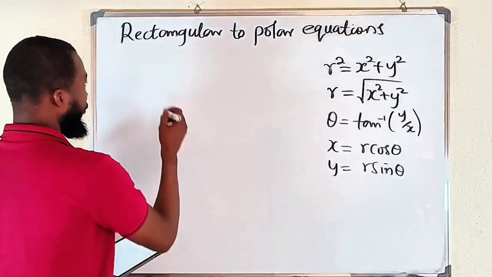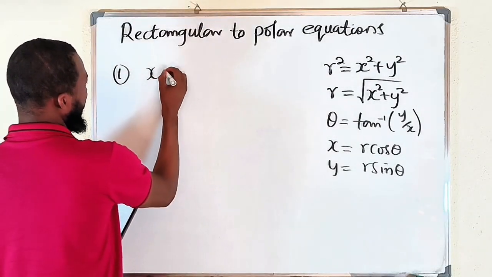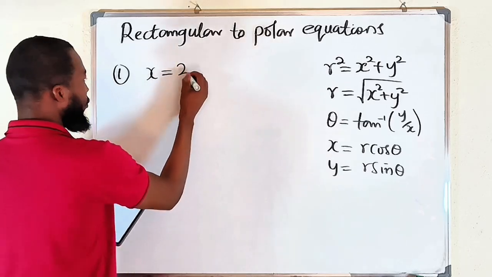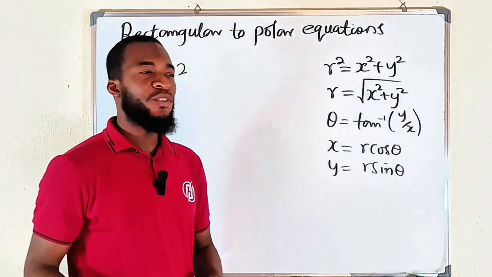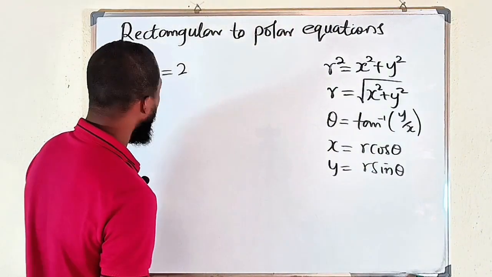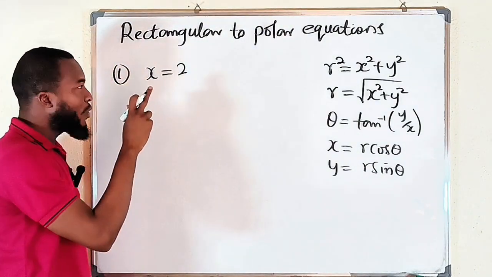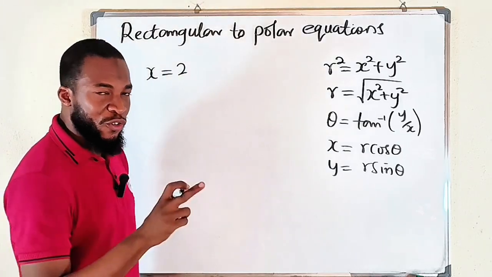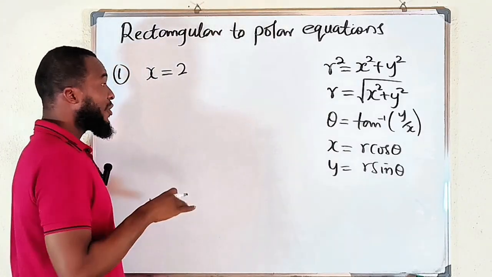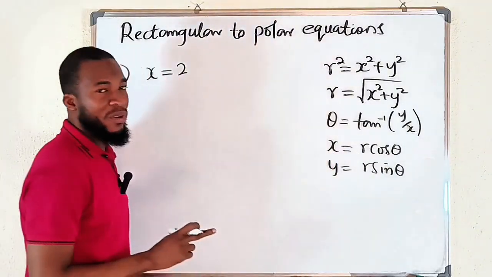All right, the first question, which is question number 1, we are given that x is equal to 2. This is a rectangular equation. We would like to convert it into polar equation. In a rectangle, we have x. If you want to change x to a variable in terms of polar, you can see the relationship here. X is the same thing as r cos theta.